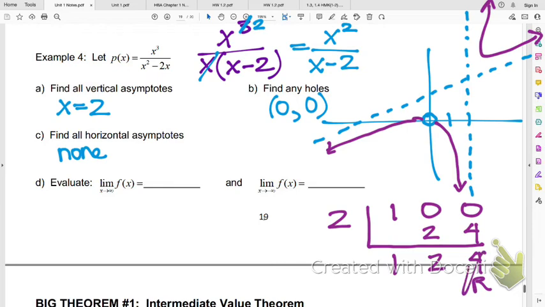This is your remainder, which does not matter for this. This is your constant, and this is your x. So that does tell me that my slant asymptote is y equals x plus 2.